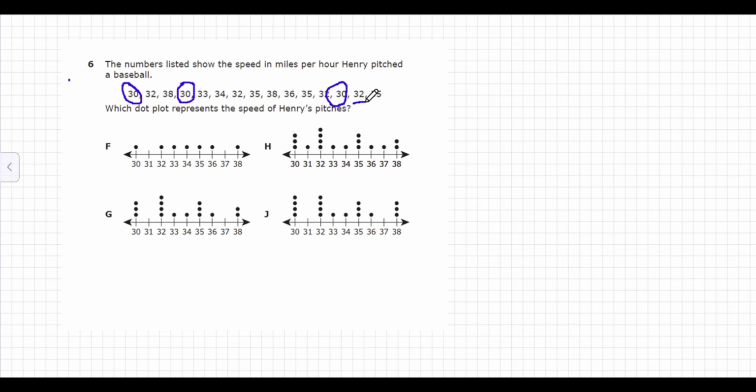For pitches at 32 miles per hour, so, G is the correct answer.